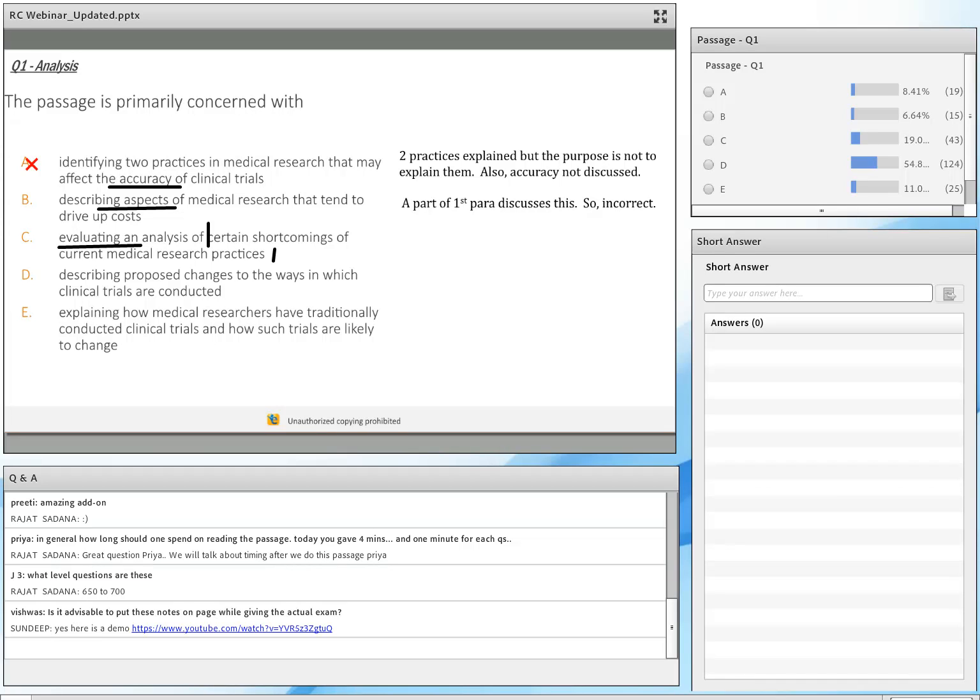No. Is there an analysis of those shortcomings? No. Does the author evaluate that analysis itself? Does he talk about the pros and cons of that analysis? No. All right. This one actually is as far off from the passage as it could get, yet it was the most popular incorrect choice. 43% of you chose this.